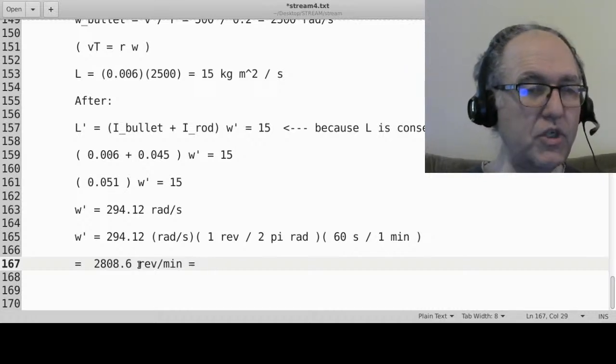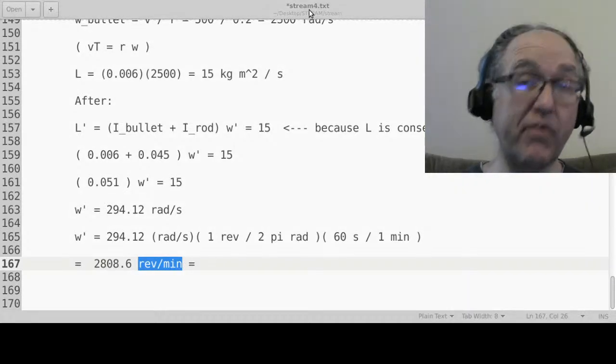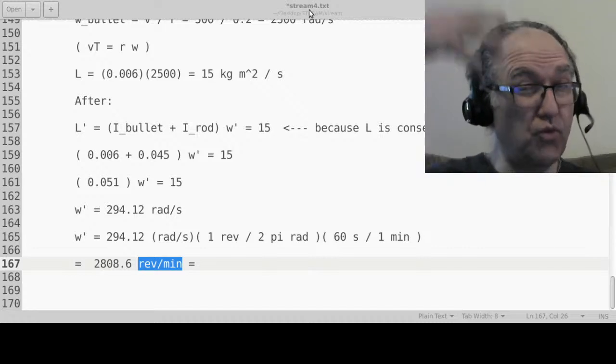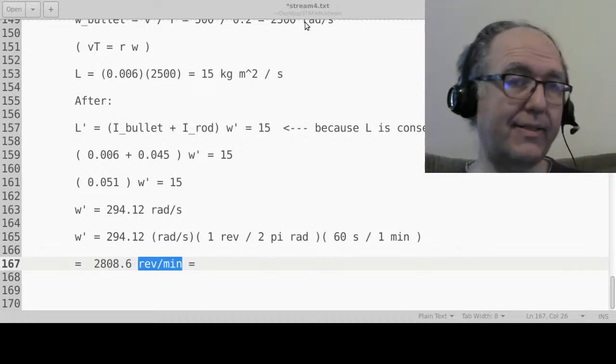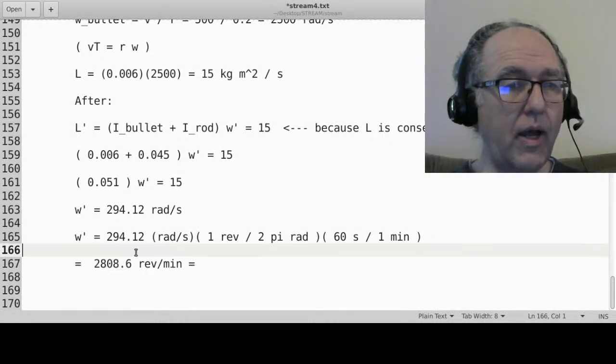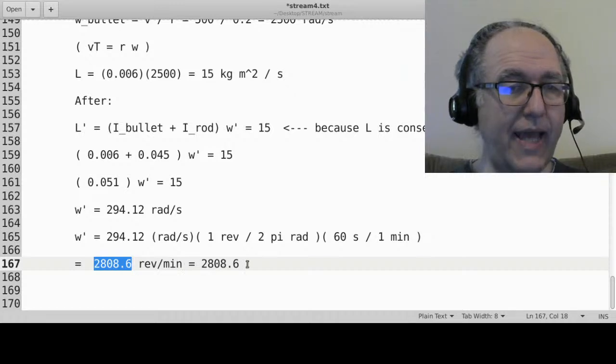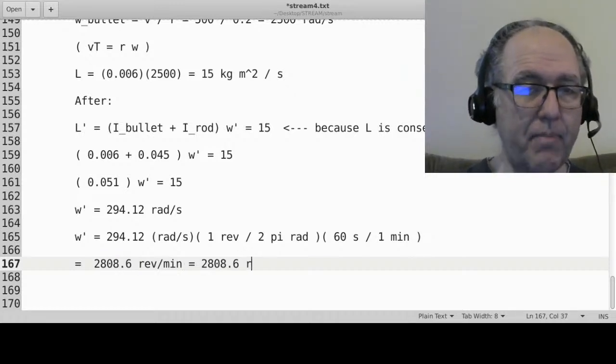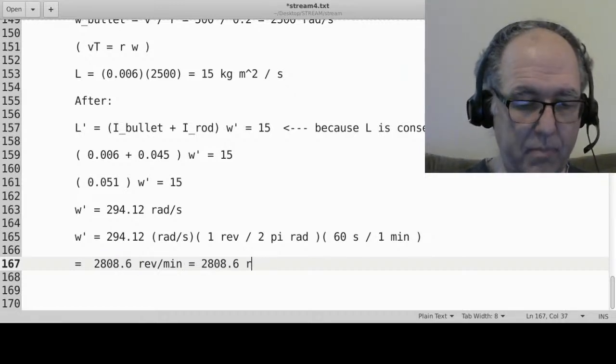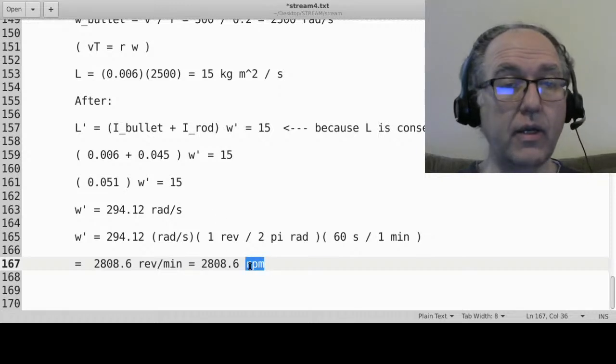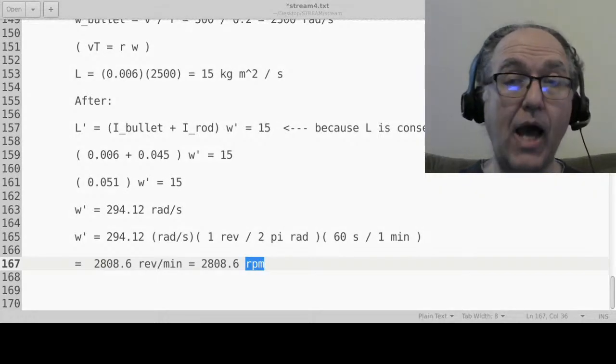Now, we don't usually write revolutions per minute that way. That's the better way for us to write it, because then you know that it's revolutions in the numerator and minutes in the denominator. But more likely you will see it written as RPM. If you take a look on your car, it's called the tachometer.